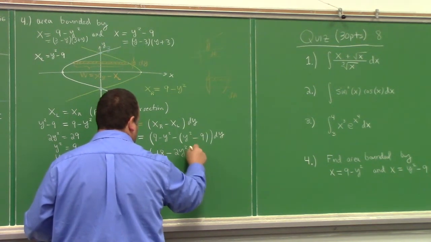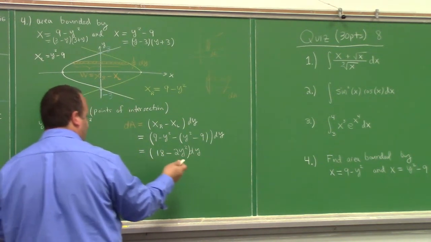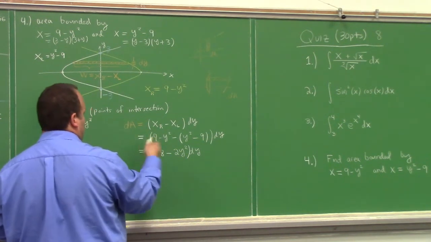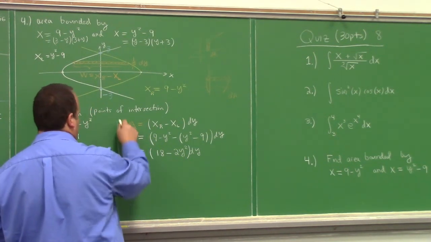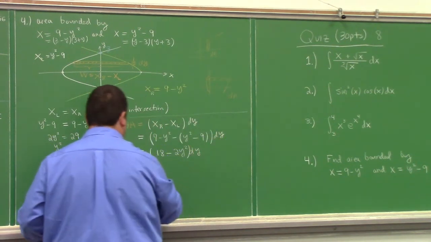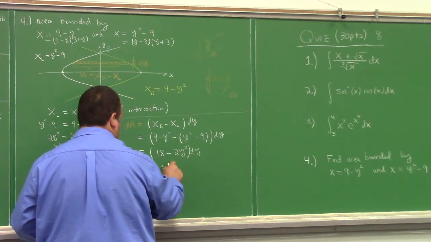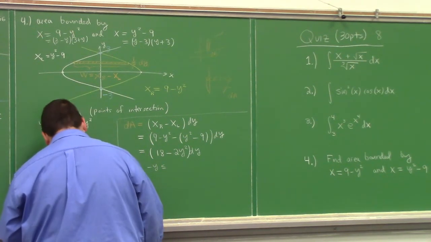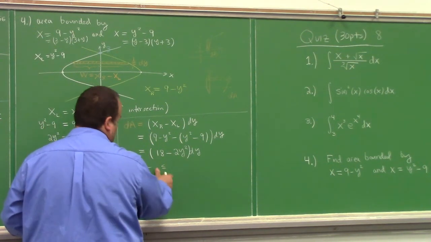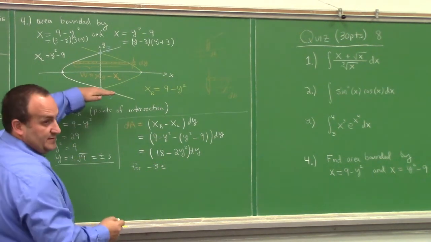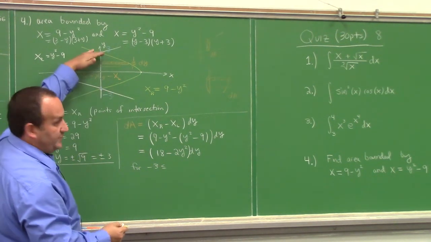And this is for what y? Minus 3, right? That's the lowest one, all the way up to 3.